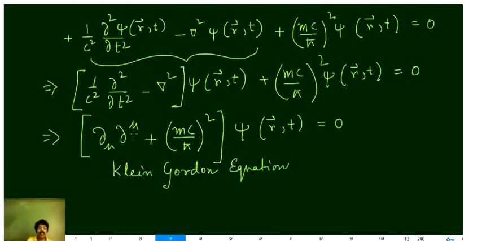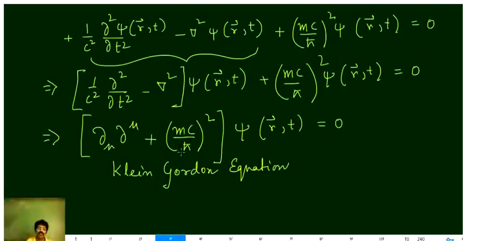You see that del mu del mu operating on psi is a scalar, and mc by h cut whole square is also a scalar. One thing I need to point out is the Compton wavelength, h cut by mc. We immediately see that this scale of Compton wavelength comes into the Klein Gordon equation.